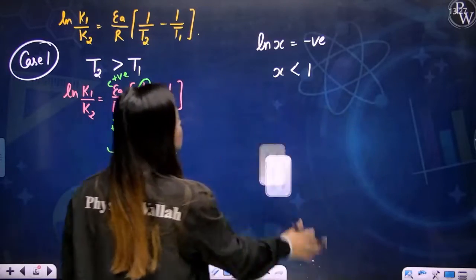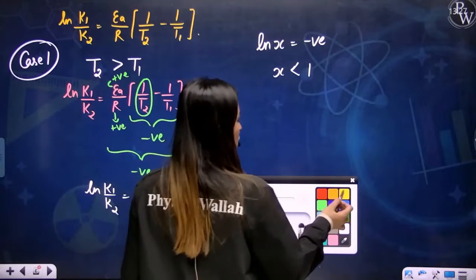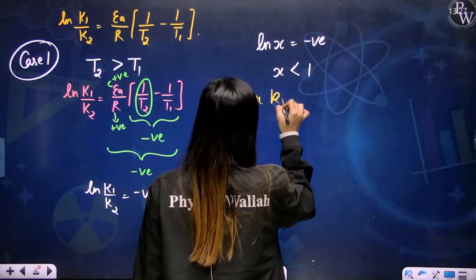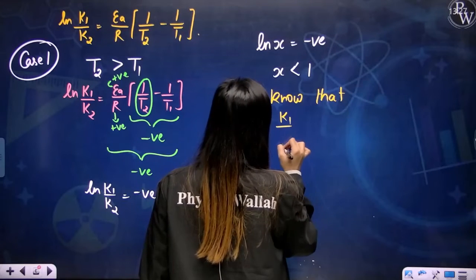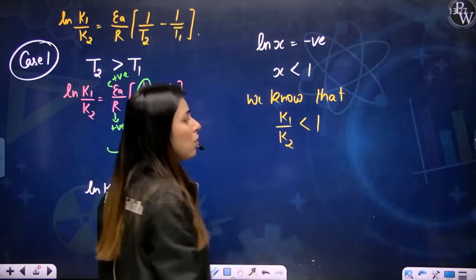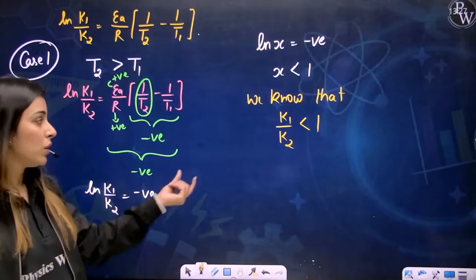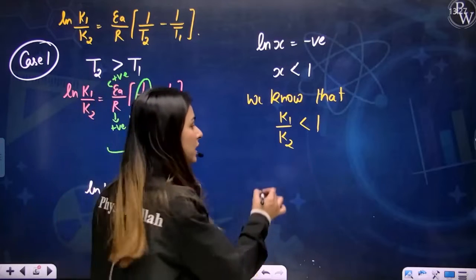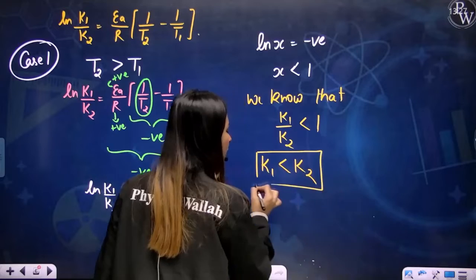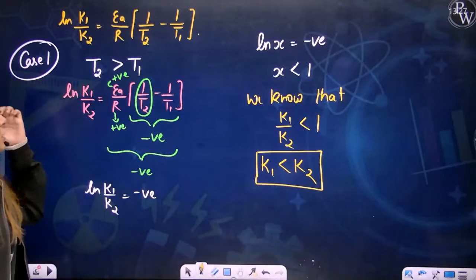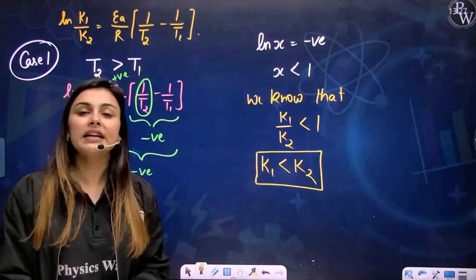So ma'am, since this is less than 1, I can say that K1 by K2 is less than 1. Because here, my dear students, your x value is K1 by K2. So K1 is lesser than K2. So when your T2 is more than T1, you just found out that your K2 is more than K1.